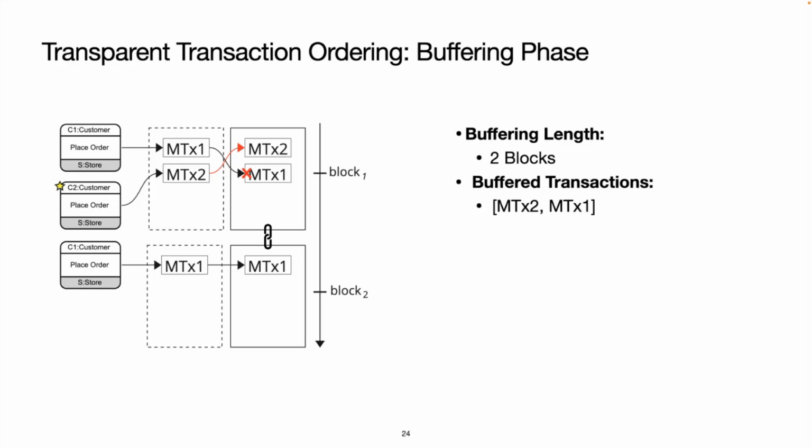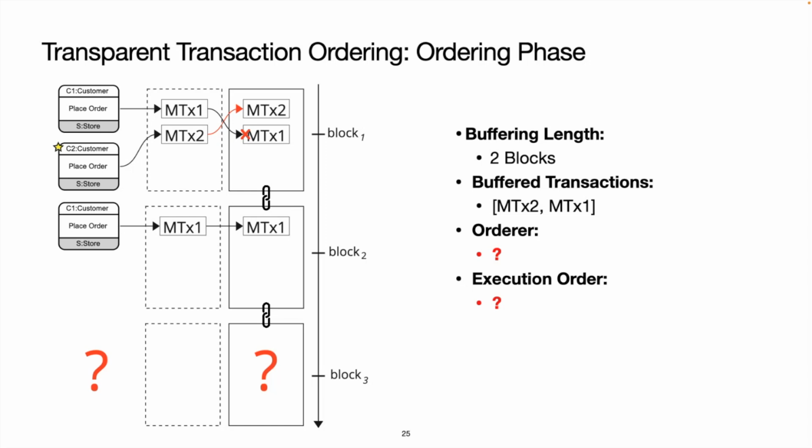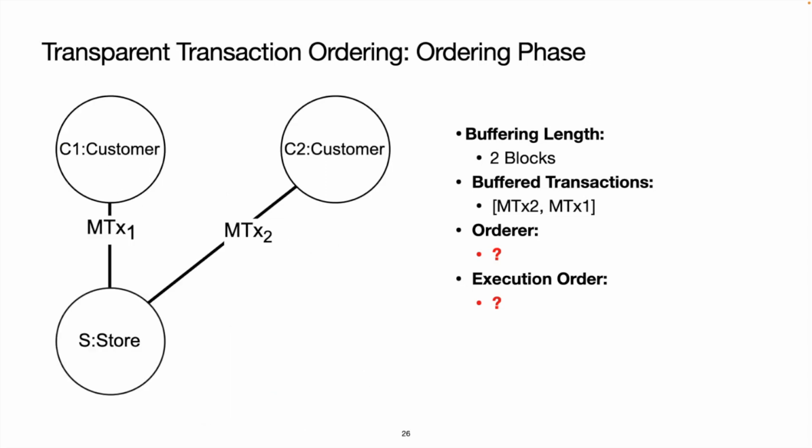Now, how do we select the order? We have 2 questions to ask: who will select the order, and how to order them? To do that, we extract what we have as meta transactions and draw this simple node graph. So we have the 2 customers sending the transactions to the store to order a supply.